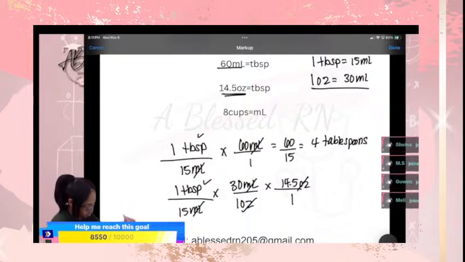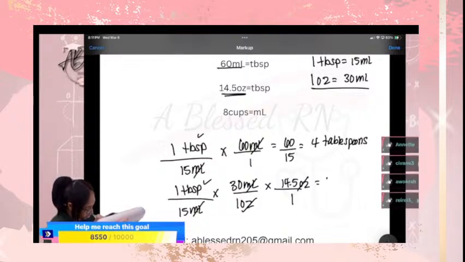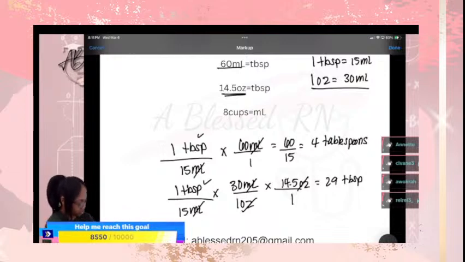So let's see, 30 times 14.5 divided by 15 is going to be 29 tablespoons. Okay, last one. 8 cups equals how many mLs?